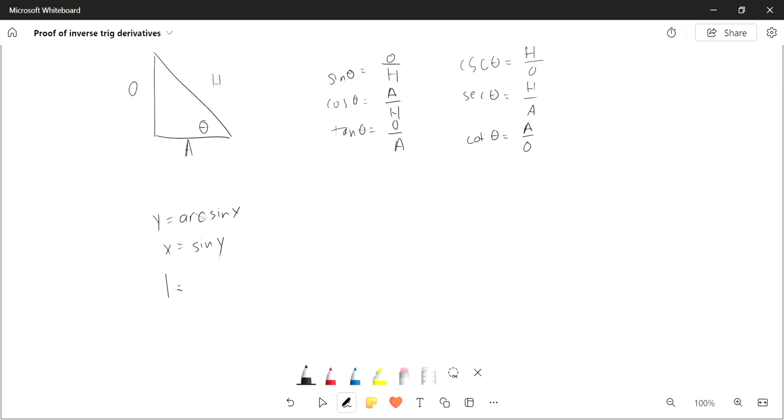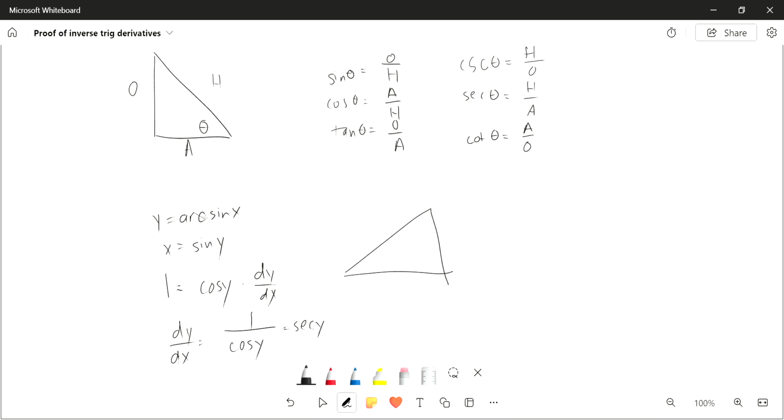And when we differentiate sine y with respect to x, we get cosine y multiplied by dy over dx. So now, if we solve for dy over dx, we get 1 over cosine y, which is secant y.